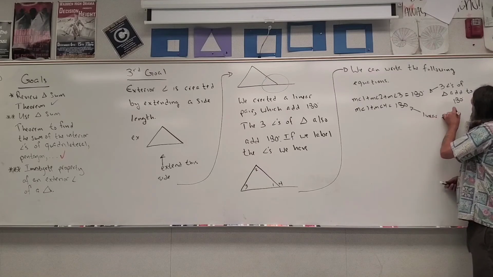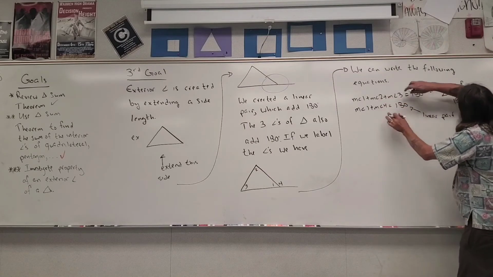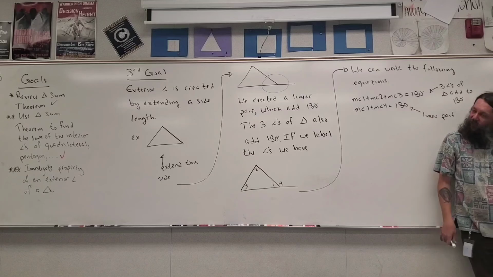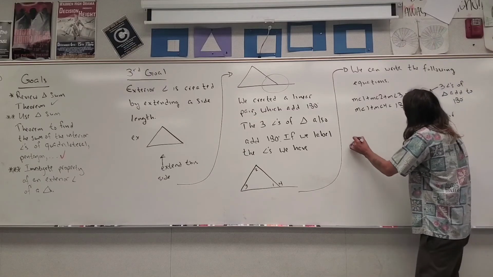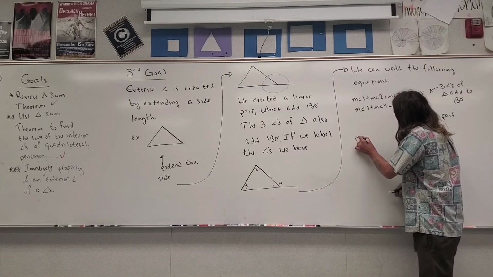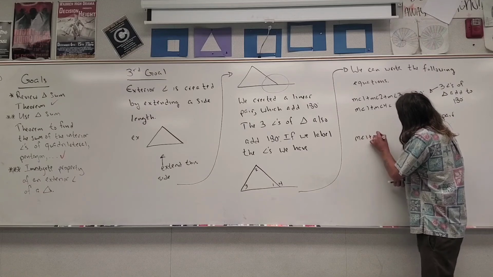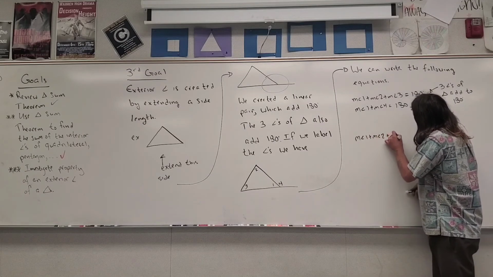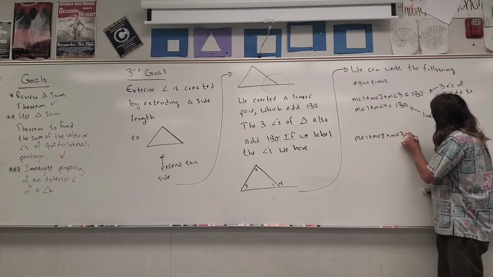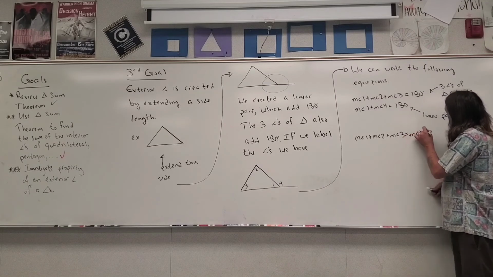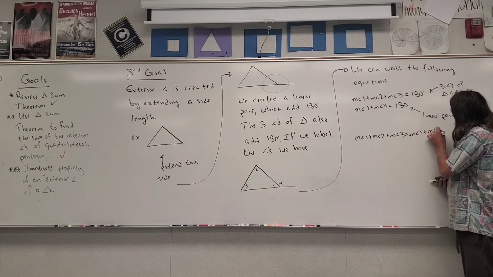Well, if two things are equal to the same thing, then those two things themselves must be equal. So now I can say that by the transitive property, the measure of angle 1 plus the measure of angle 2 plus the measure of angle 3 equals the measure of angle 1 plus the measure of angle 4.